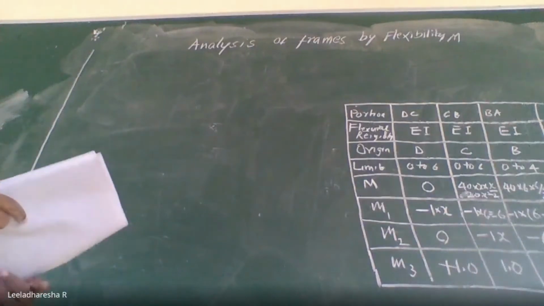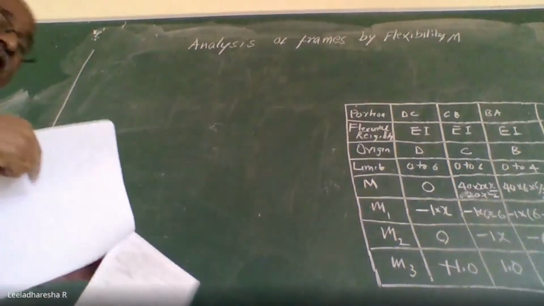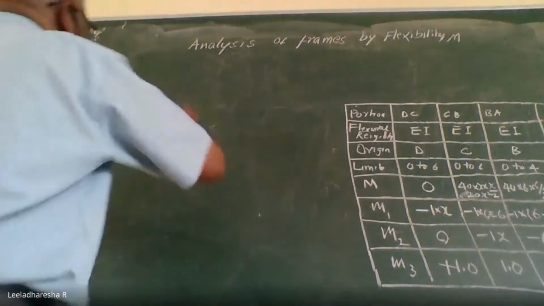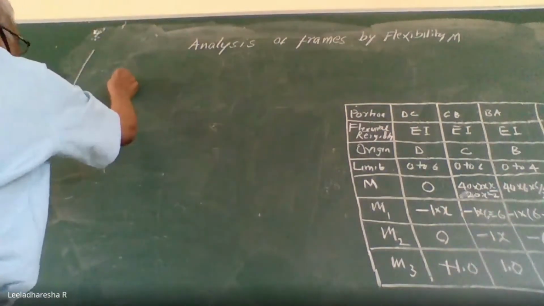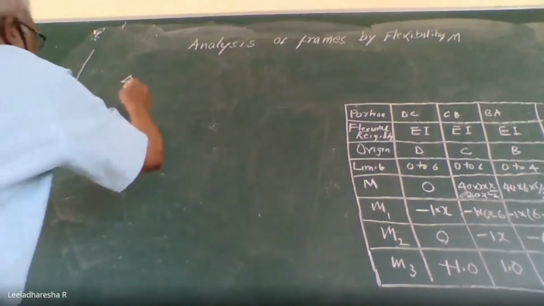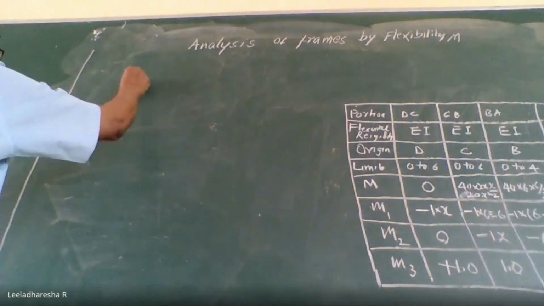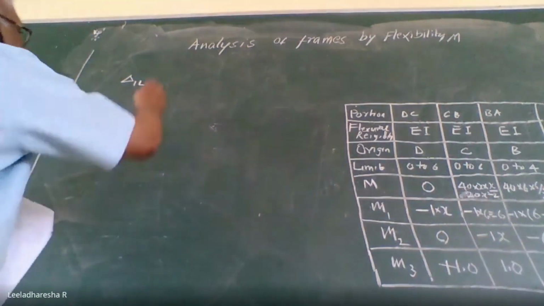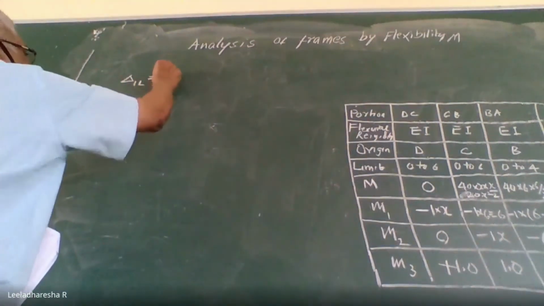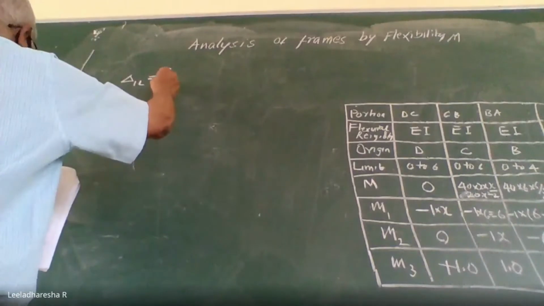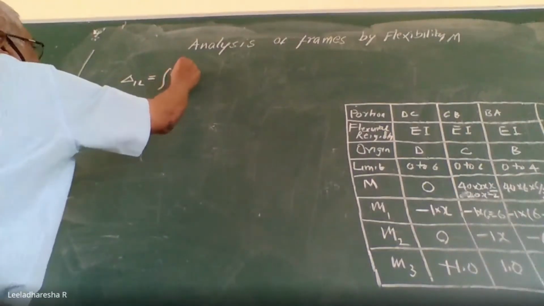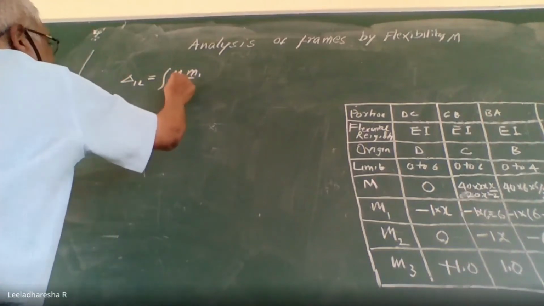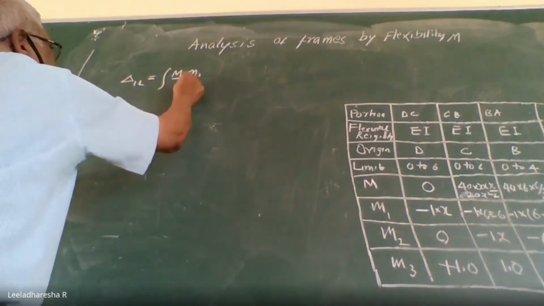Now, displacement due to external load, delta 1L, displacement at coordinate 1 due to external load, delta 1L is equal to the integration between the limits of M into M1 divided by EI into dx.